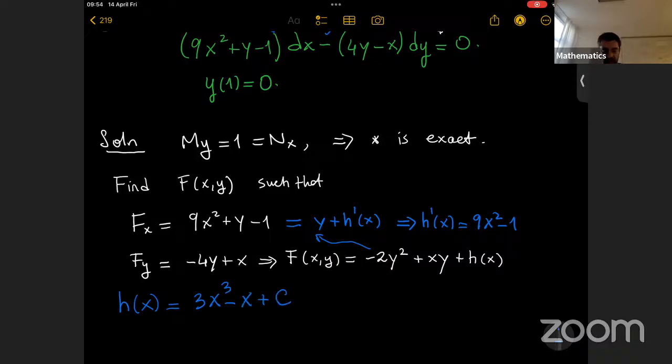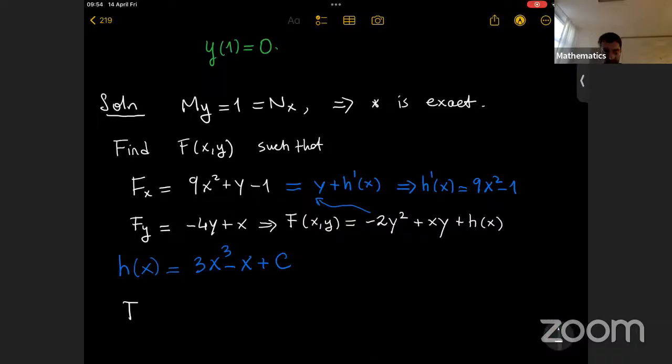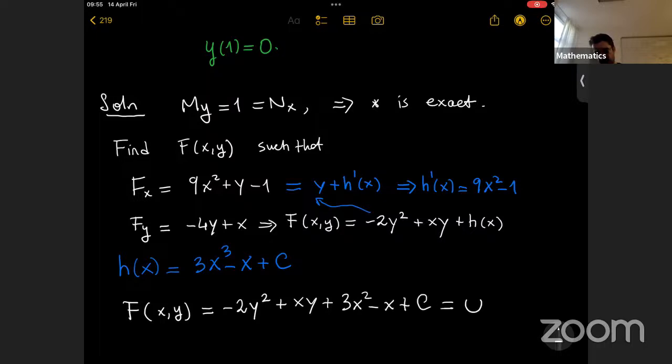So let's put this back in f, and f becomes minus 2 y squared plus xy plus 3x cubed minus x plus c is equal to 0.